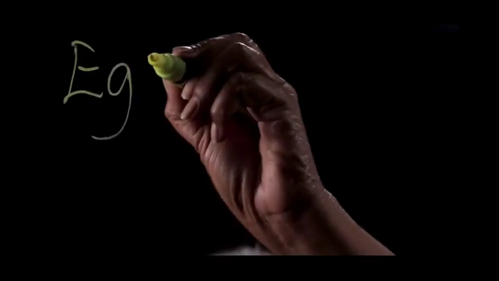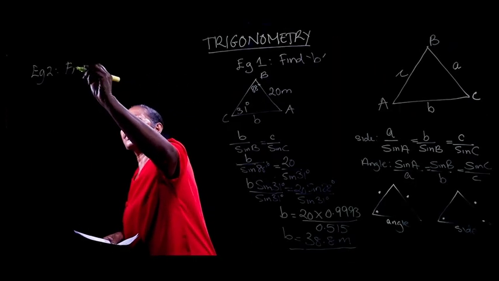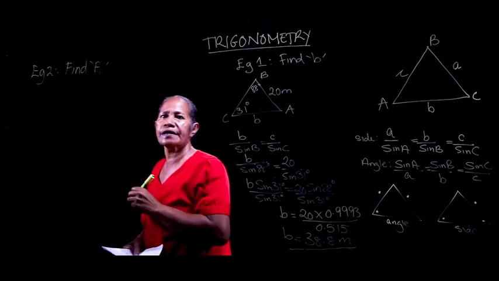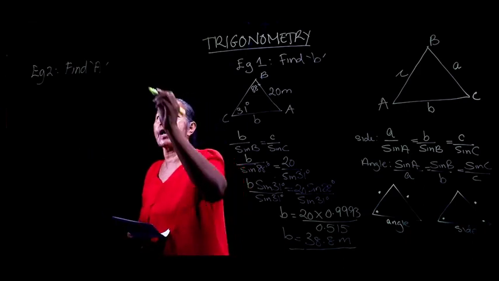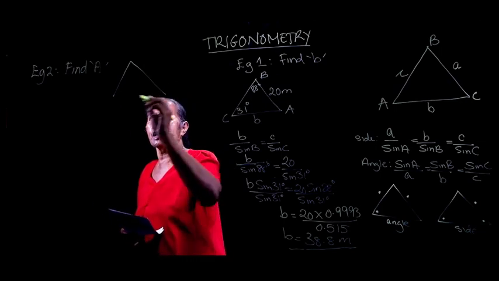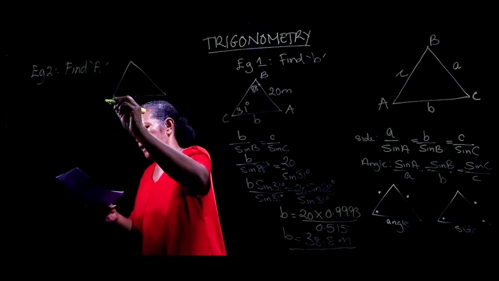Okay, we move on to example number 2. We are looking for A, and A represents the angle. So find A. Let's look at our triangle and label the angles again.